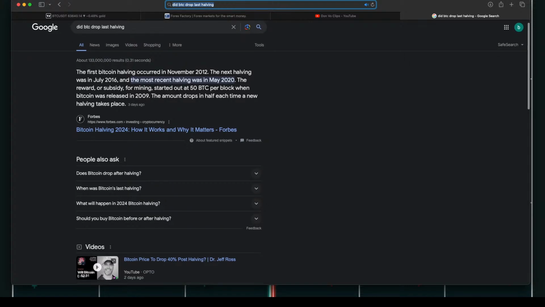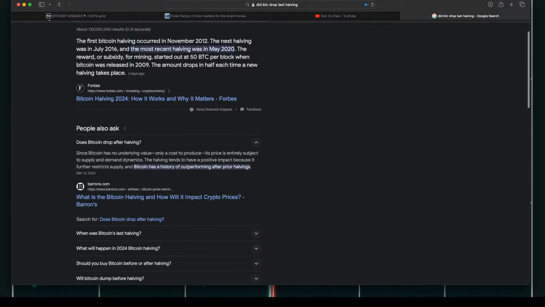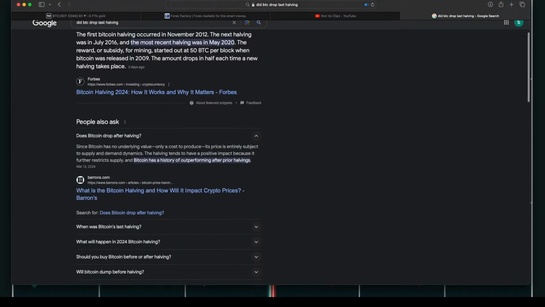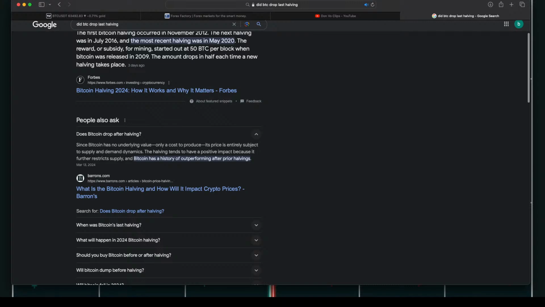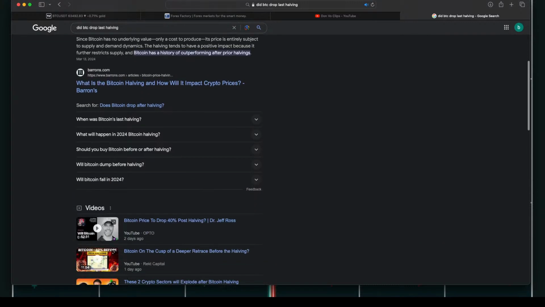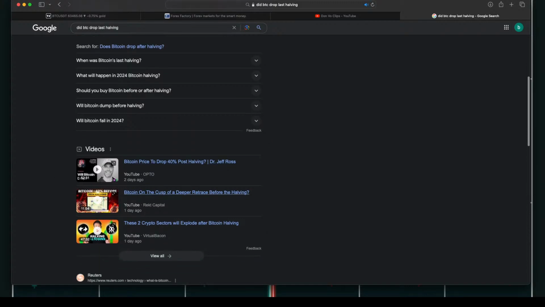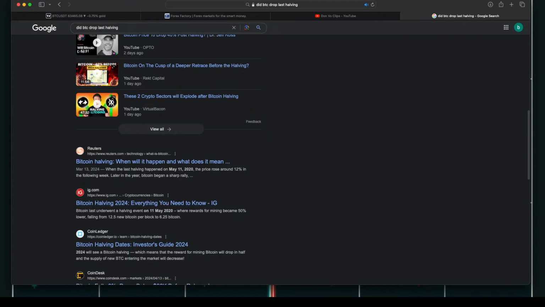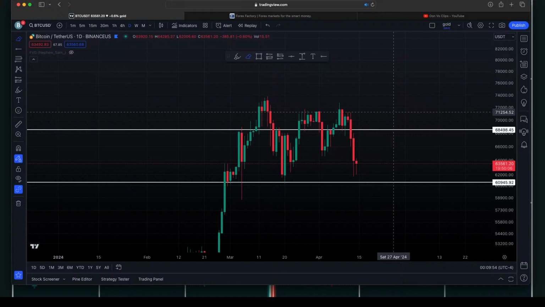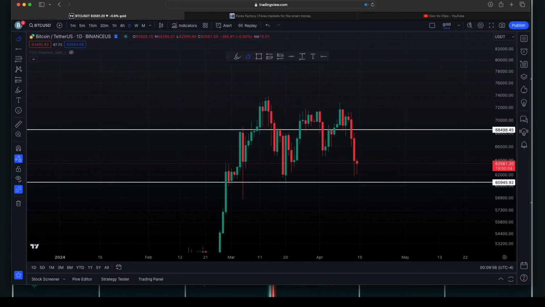Does Bitcoin drop after halving? I'm not sure. I forget what it says, but I think I remember seeing that it usually drops after a halving. Yeah. So after halving, always price drops first and then eventually goes up again.